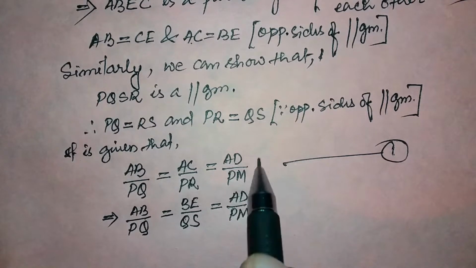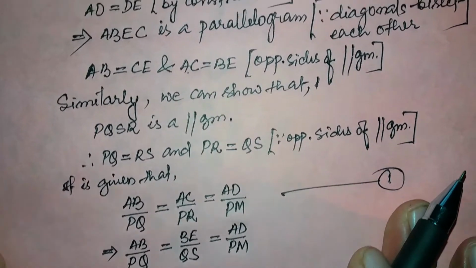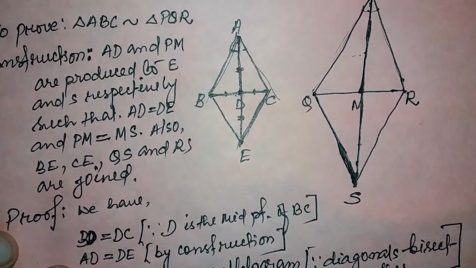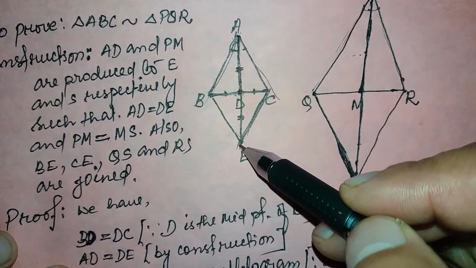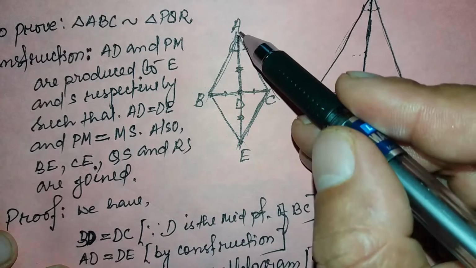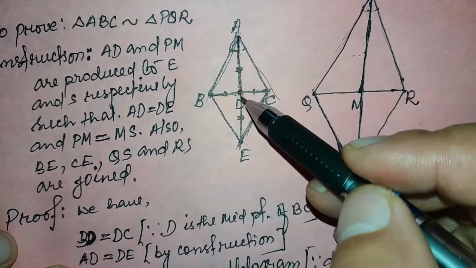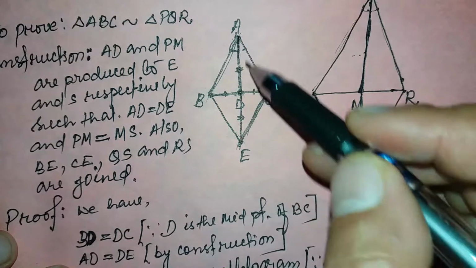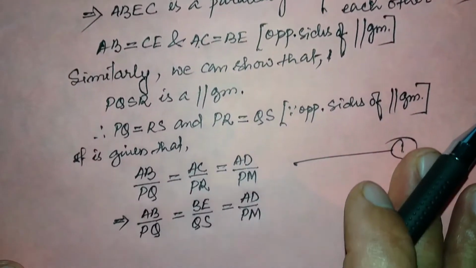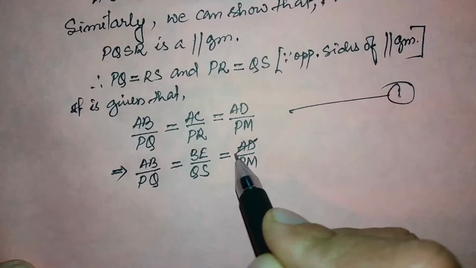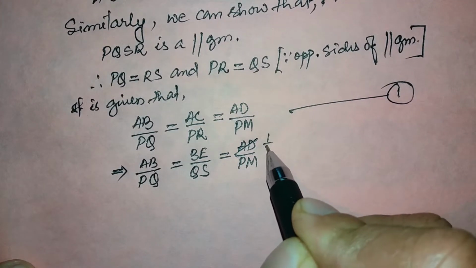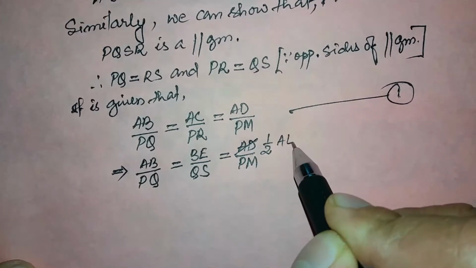This AD we can write as half of AE, since this is also half of AE.